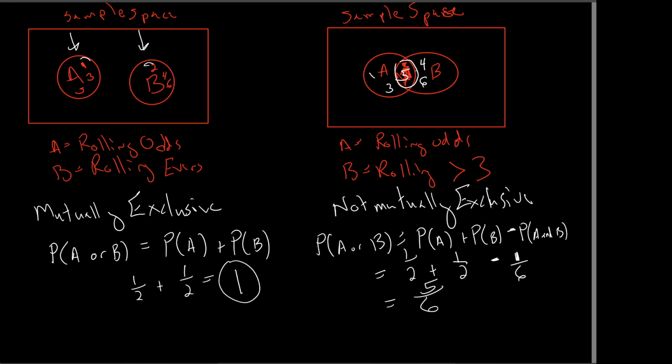And if we count all the things, there's 1, 2, 3, 4. What did I miss? I missed the number 2 over there. Sorry about that. There's 3 things there and 2 things there. And so the probability of rolling an A or B is 5/6.